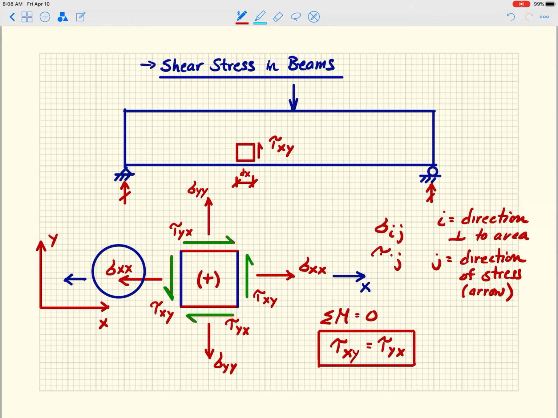Okay, so that is a really important thing because when it comes time to calculating the vertical shear stress in a member, we're going to actually calculate the horizontal shear stress because it's easier, and then we're going to invoke this to say, well, the horizontal shear stress and the vertical shear stress are the same. So that's how we're going to get our vertical shear stress.